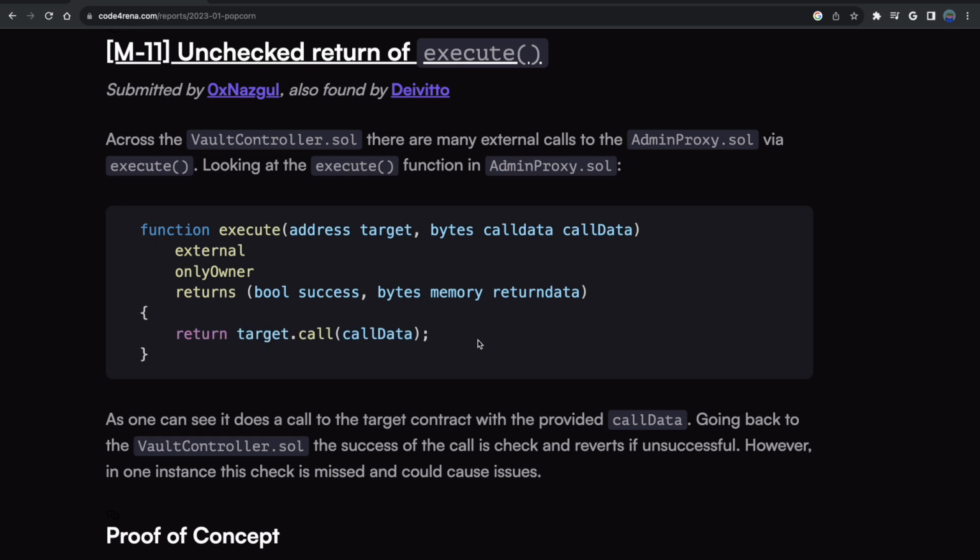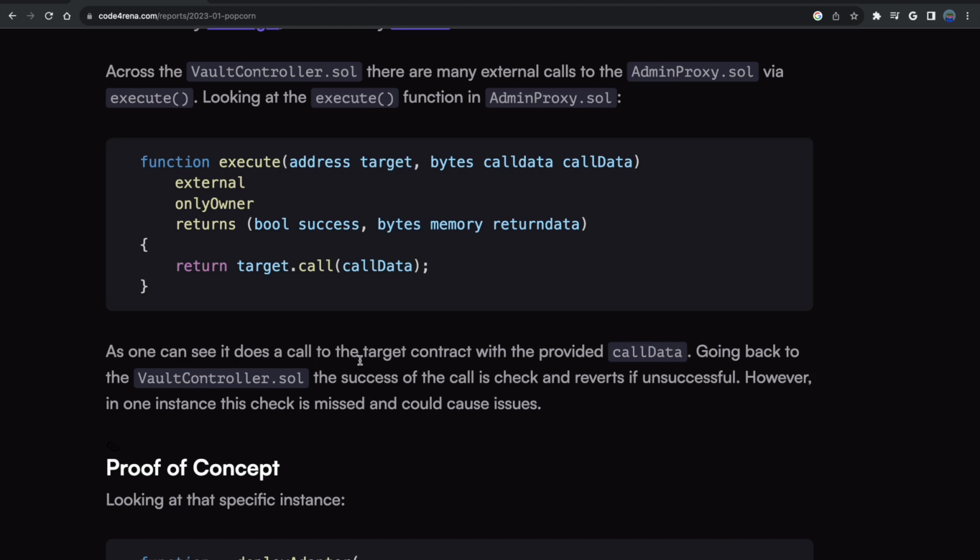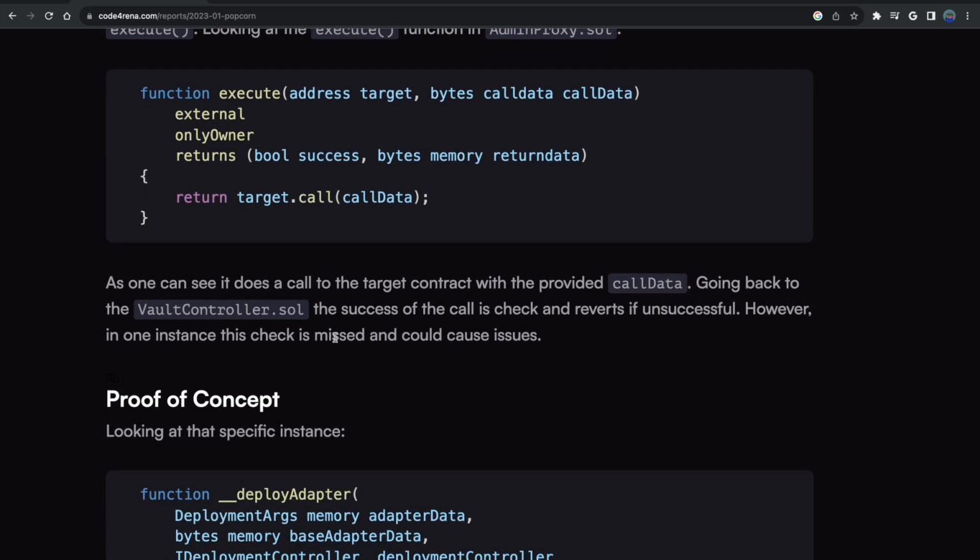Let's say this returns false, or returns something that is supposed to be evaluated. That's what these auditors claim: as one can see, it does a call to the target contract with the provided call data going back to the vault controller. The success of the call is checked and reverts if unsuccessful. However, in one instance, this check is missed and could cause issues.